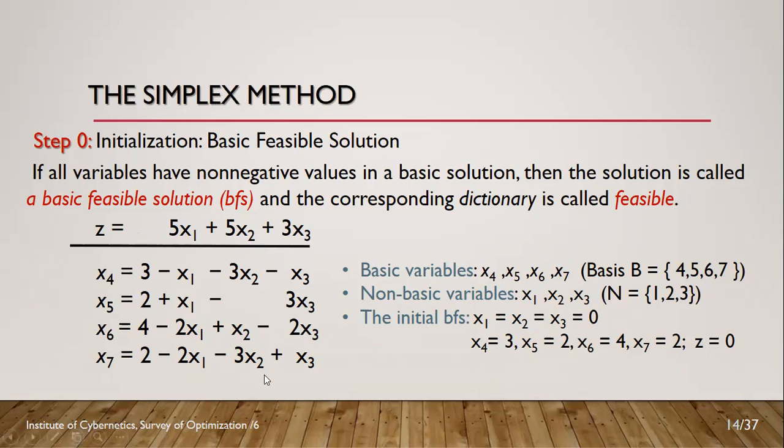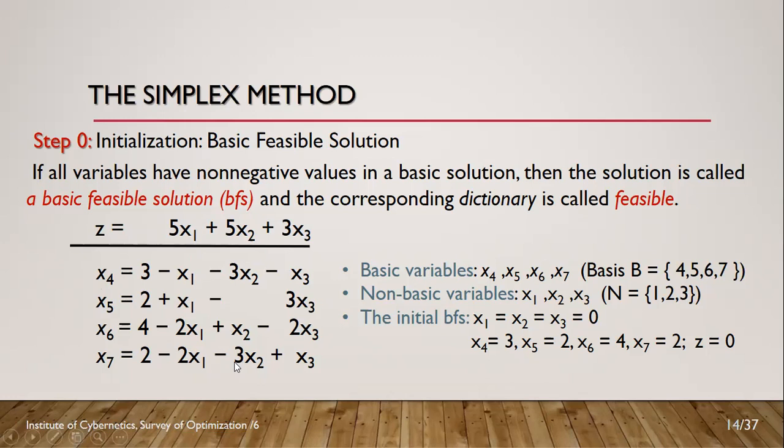Now let's go over the constraints. What happens here? 3 minus 3 times 1 is 0. Good, still non-negative. Then x sub 5 is 2 minus nothing, so it is 2. Good. x sub 6 is 4 plus 1, which is 5. Good. 2 minus 3 times 1 is negative 1.